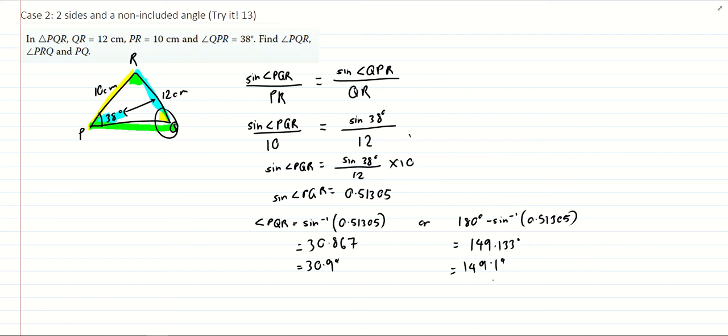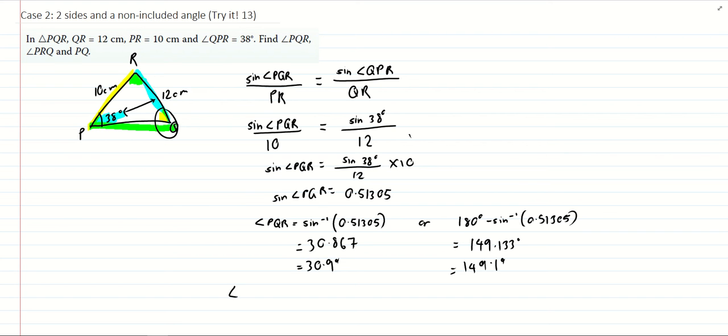All right, now over here you realize that you will probably have to reject this. It might not be obvious here why you must reject this. So just to make it more obvious, the next step we will do is, of course, find the remaining angle, which is PRQ.